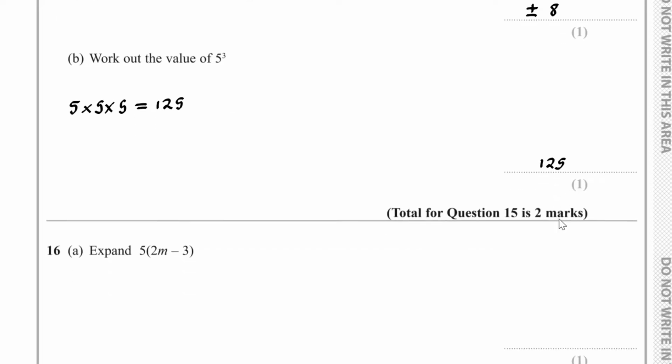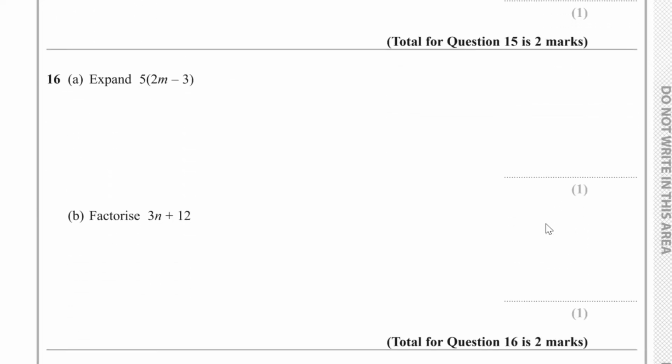For question 16, we have to expand 5 lots of 2m minus 3. Well, here we multiply everything on the outside by everything on the inside. So we have 5 times by 2m, that will be 10m, and then we have 5 times by minus 3, which is minus 15. So it turns out we get 10m minus 15.